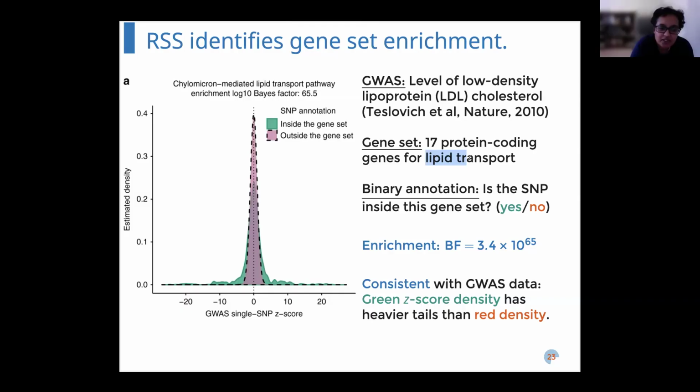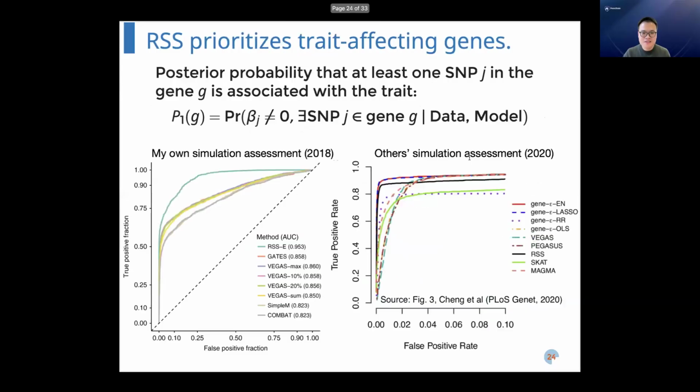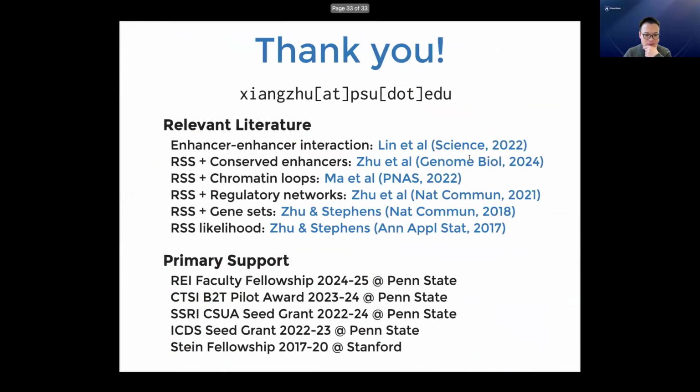Yeah. Is the method publicly available for someone to use, Xiang? Yeah, it is publicly available. I didn't put it here, but I think I'm using the same GitHub to share the code. You just go to this Annals paper, which is my first paper in this research. I think the links are still valid for people to download.